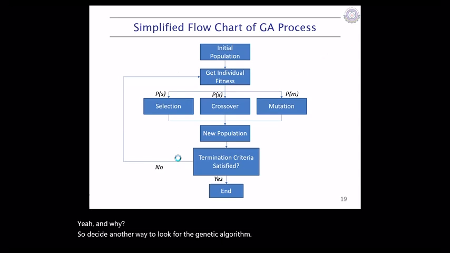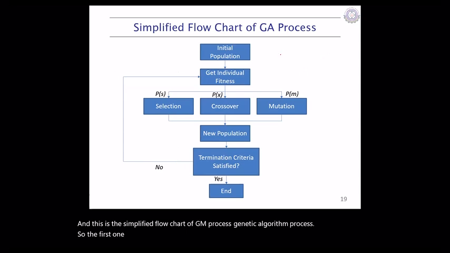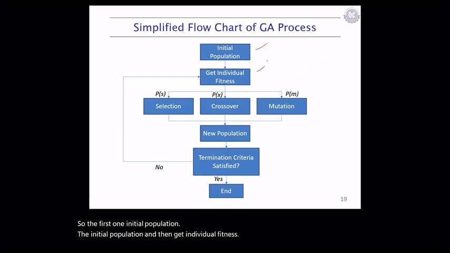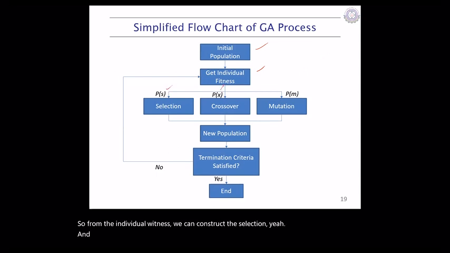This is the simplified flowchart of the GA process. The first one is the initial population. Then get individual fitness. From the individual fitness, we construct the selection, PS for selection, PX for crossover, and PM for mutation.